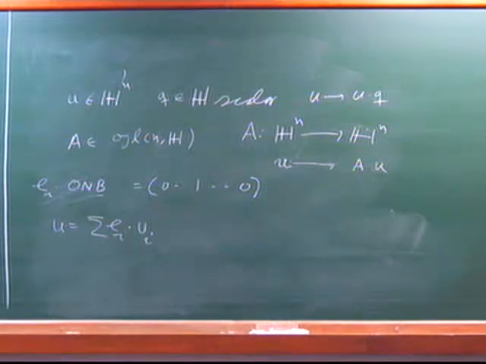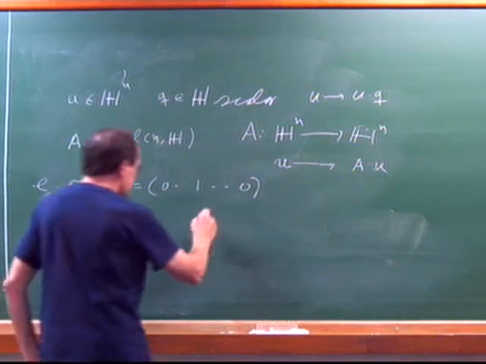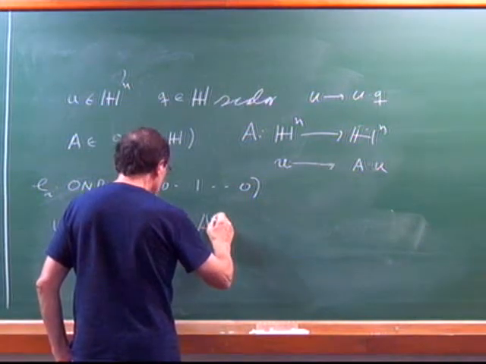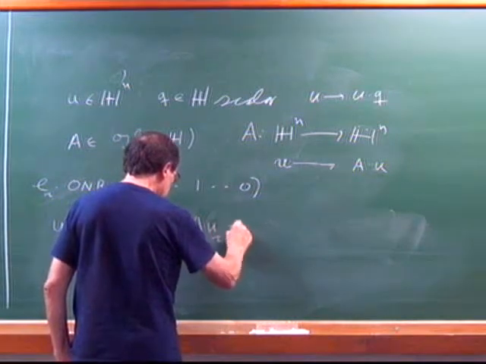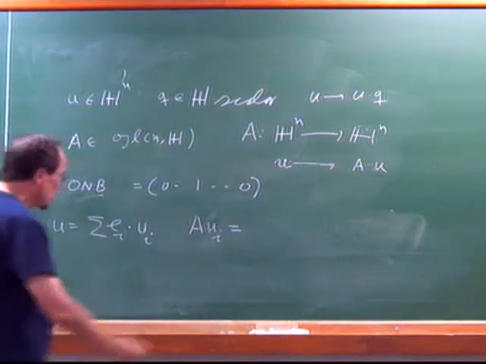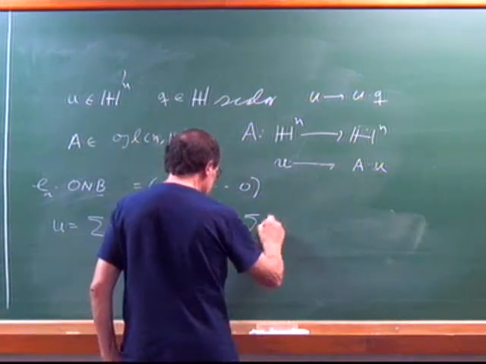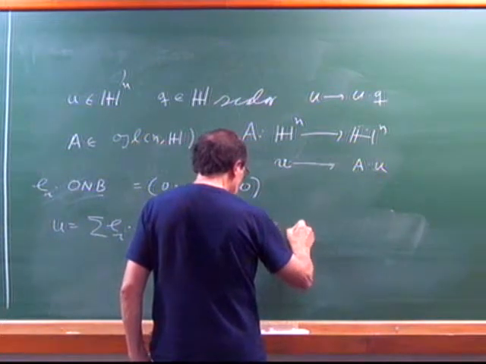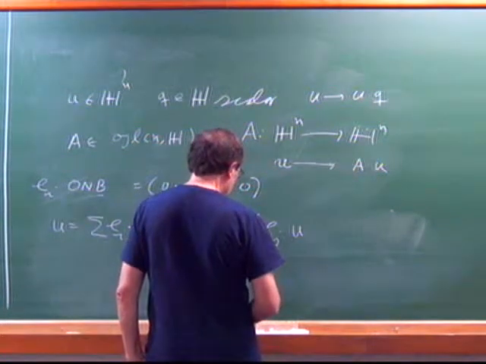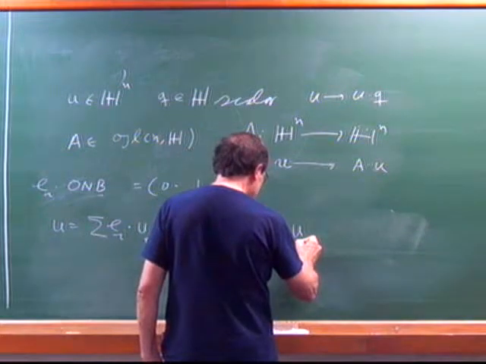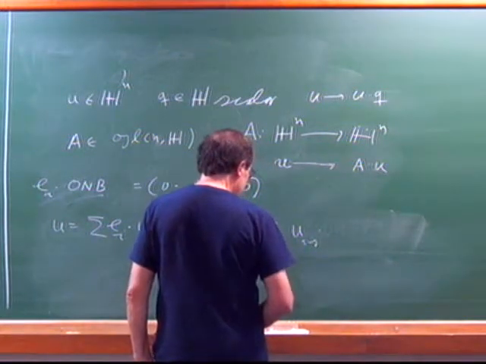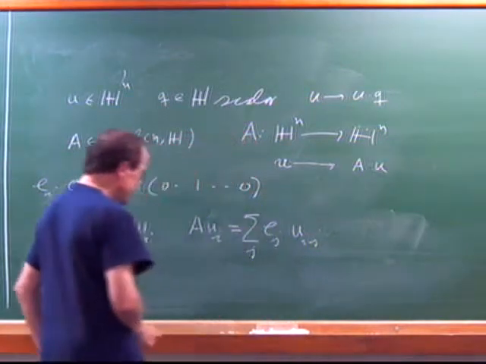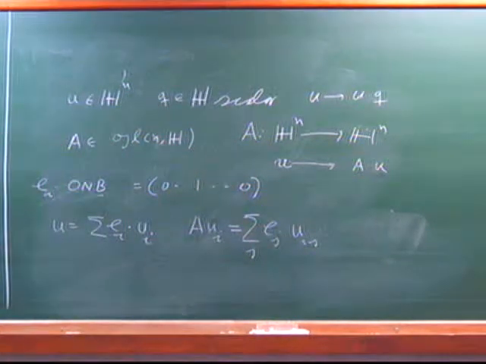And then what is Au? So how does the matrix multiplication work? You write Ae_i as a linear combination of the e_j's. How does that go? a_ij or a_ji? I always forget. And it's like that. Then what is Au?